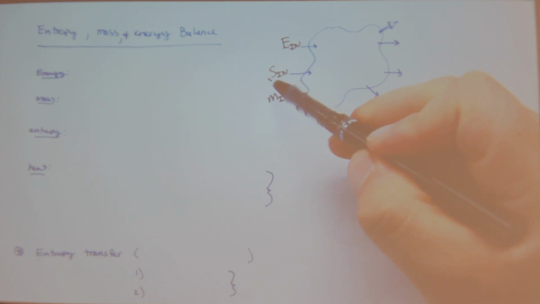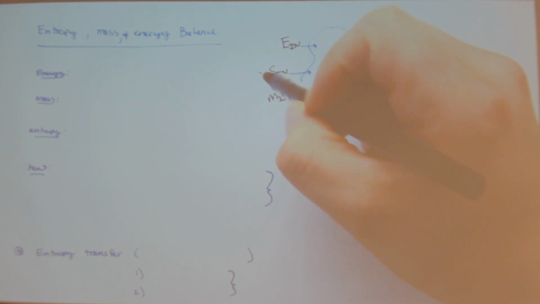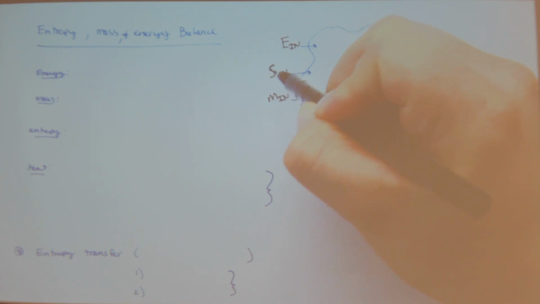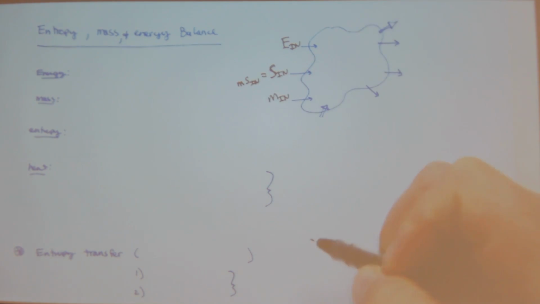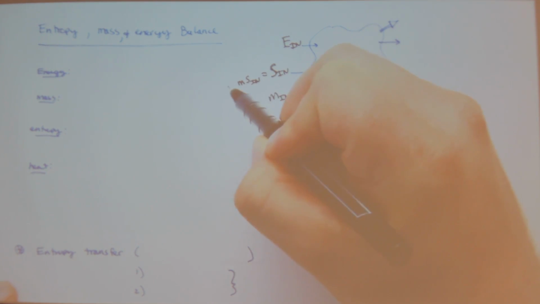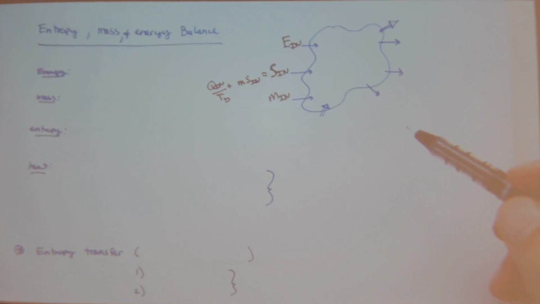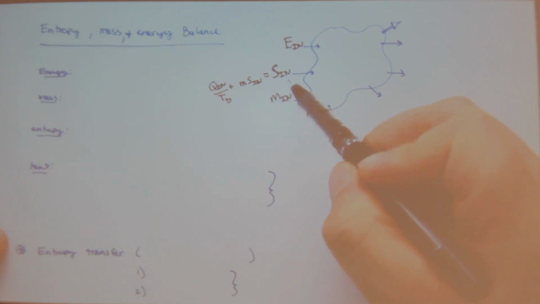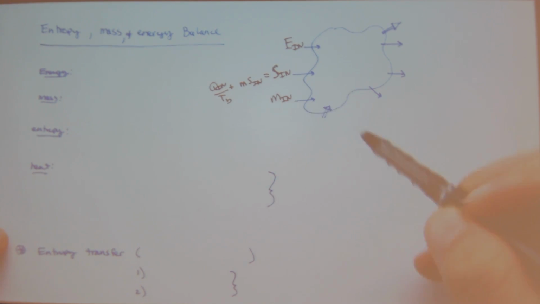Really, it's some mass of a given entropy entering my system. So I could put a big S, which is equal to... Or I can have entropy in related to some heat in over some boundary temperature. So entropy entering my system has two contributions, heat and mass.